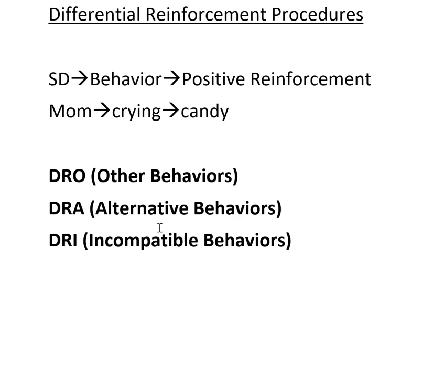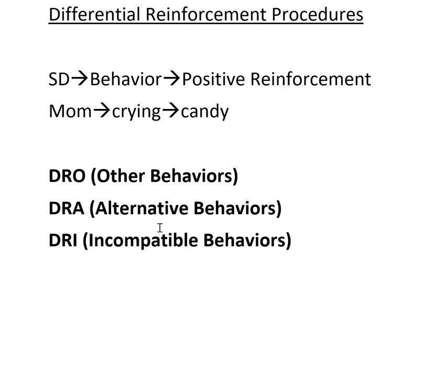And with the DRA part, you are also teaching a replacement behavior. And that's also used in something called functional communication training, where you train students to communicate in a functional way to get what they want instead of inappropriate behaviors. And with the FCT or functional communication training, you are using DRA procedure.